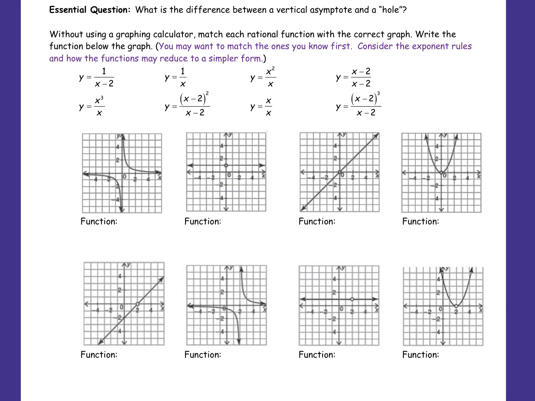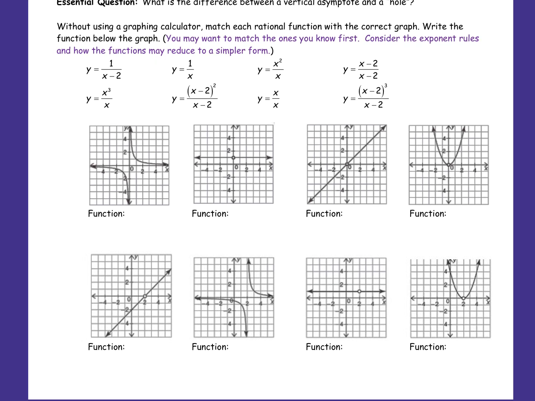And what I did to help make this just a little easier is call these graphs A, B, C, D, E, F, G, and H, and then start calling these 1, 2, 3, 4, 5, 6, 7, and 8.